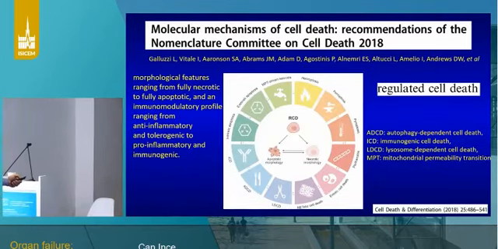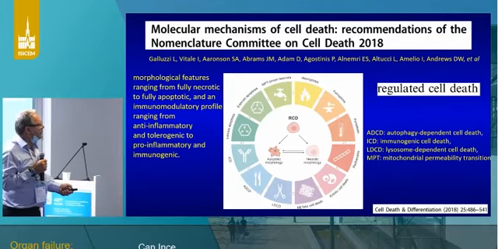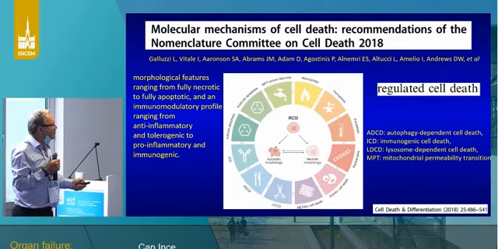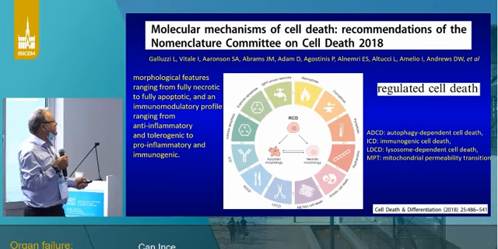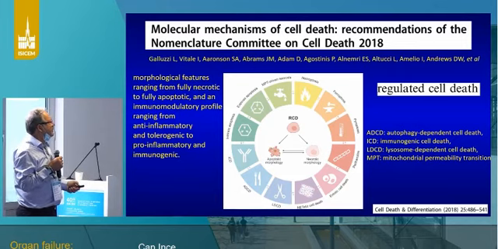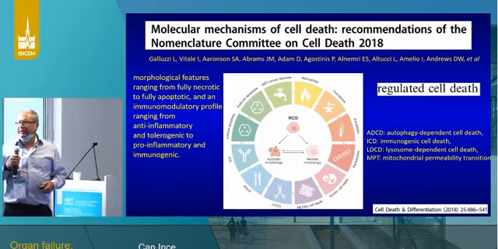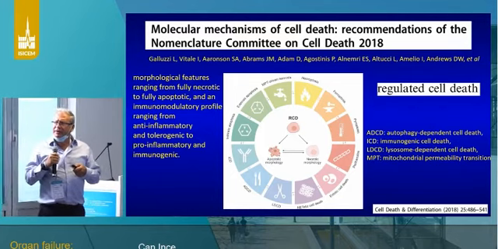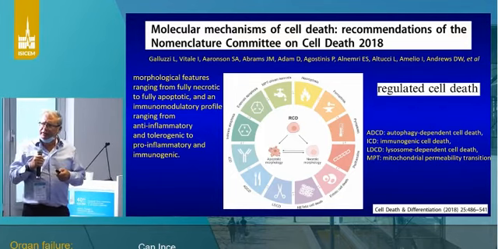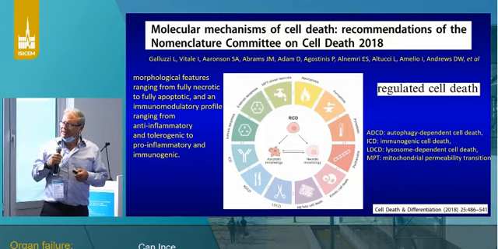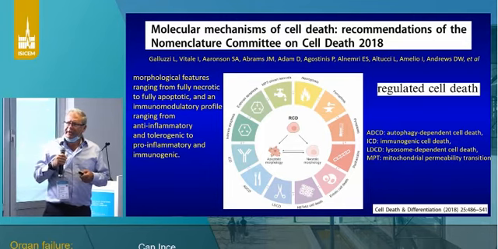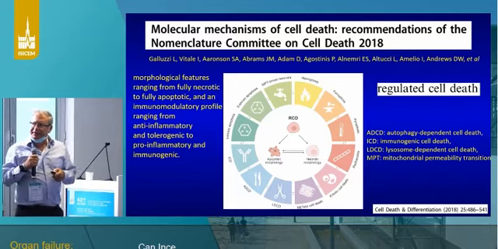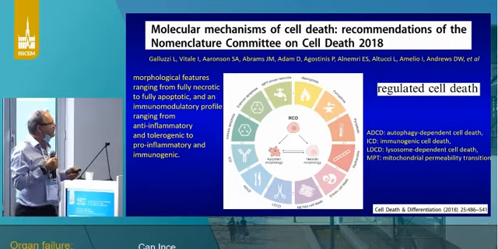So here we've got a number of the type of cell deaths which have been described. They usually have been categorized according to their morphological characteristics associated with cell death in combination with the biochemical pathways.